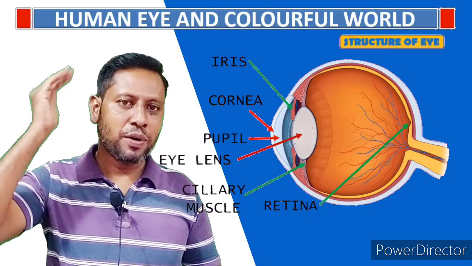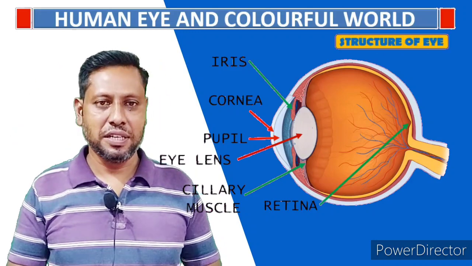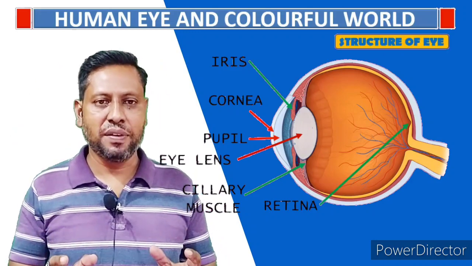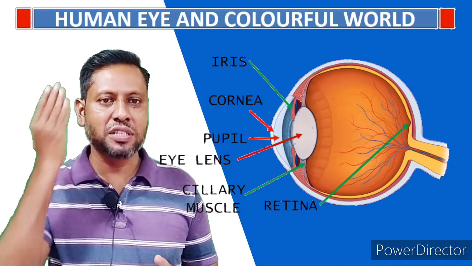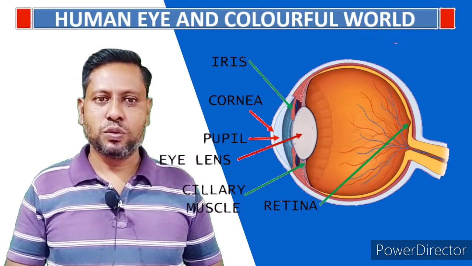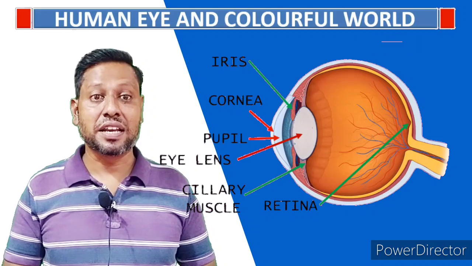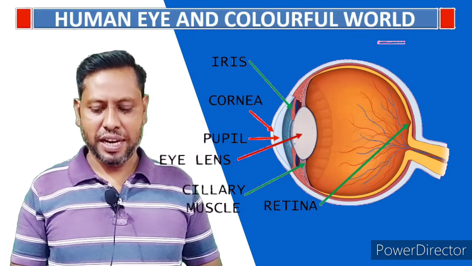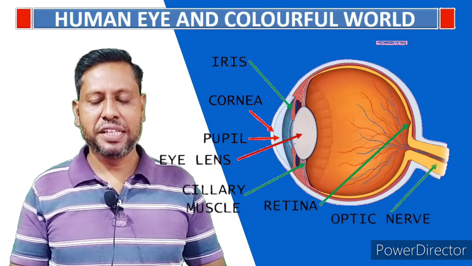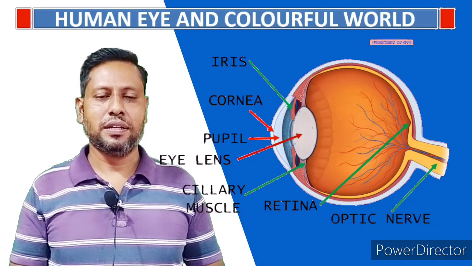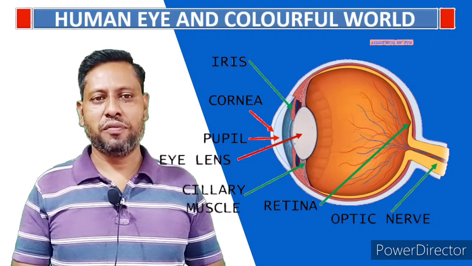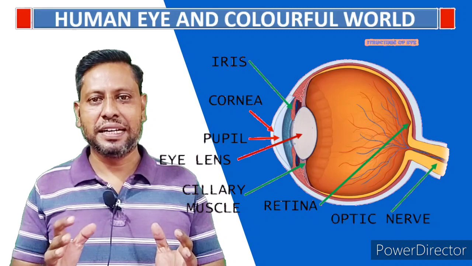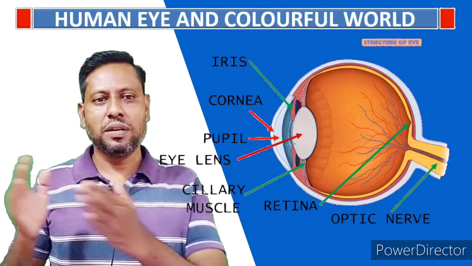It is just behind our eye lens. It is the part of the eye itself, but it is the portion just behind the eye lens. This retina basically acts like a screen for us. And at the last there is the optic nerve. This optic nerve is also a very important part. It carries the electric signals to the brain.